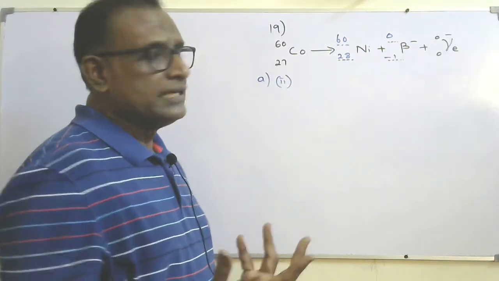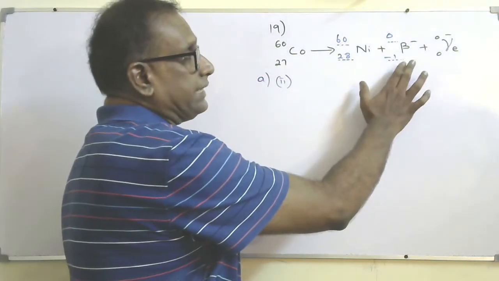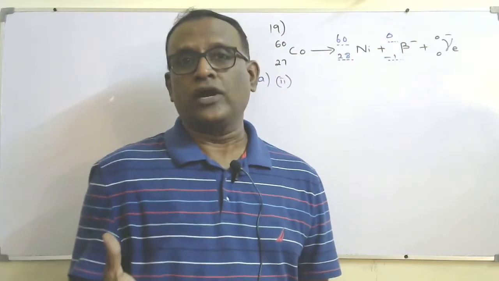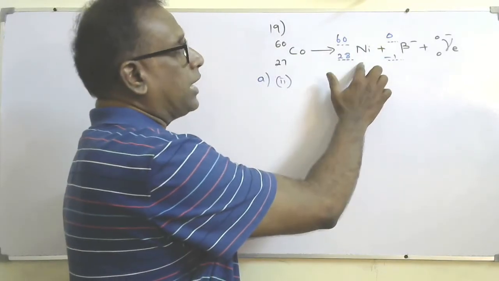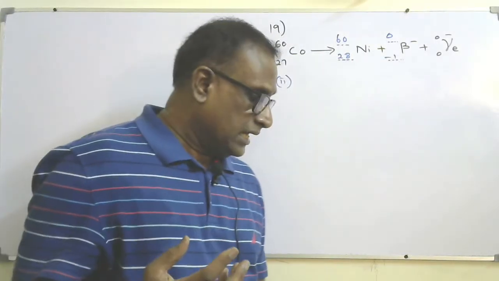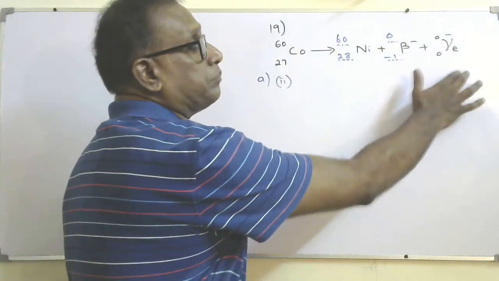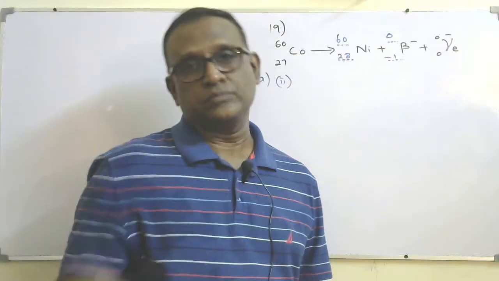But here we can simply say the particles beta minus and anti-electron neutrino have much smaller mass compared to the mass of the nickel. So most of the energy released will be shared among the particles. They have the lowest mass, right?